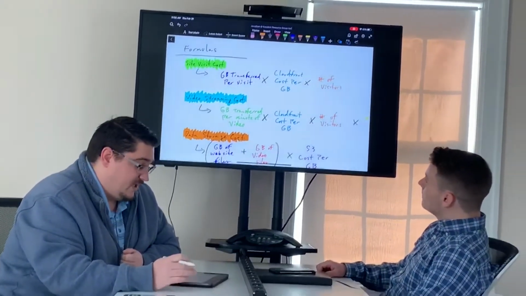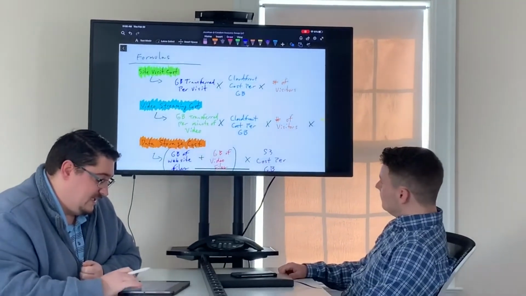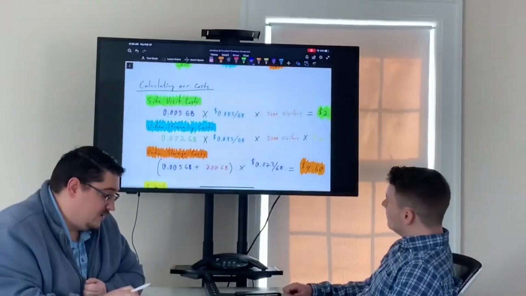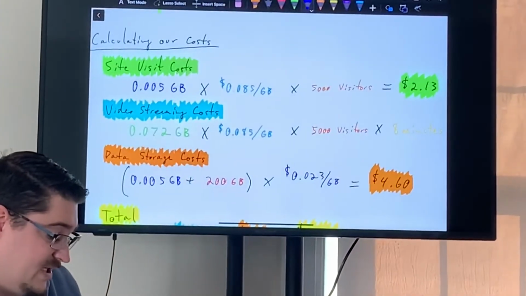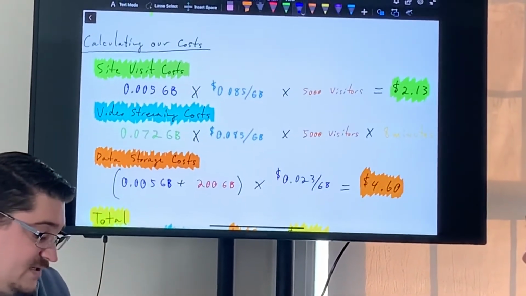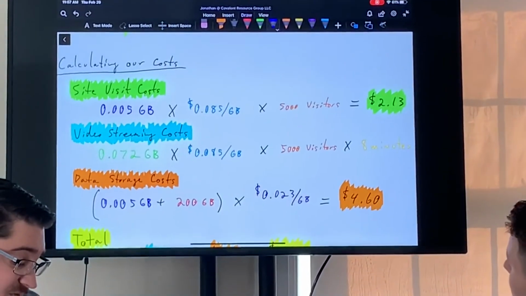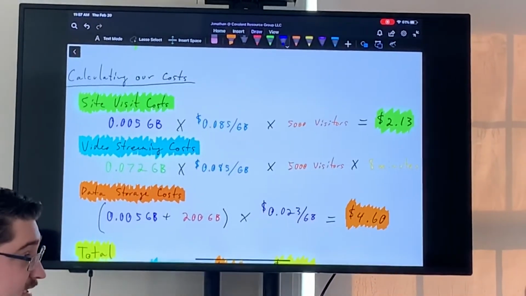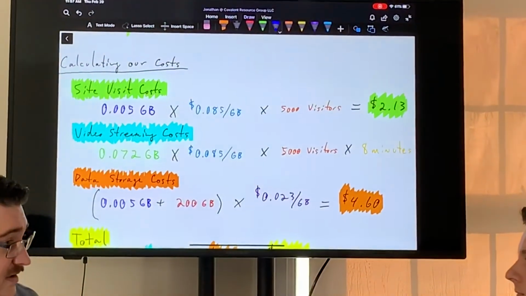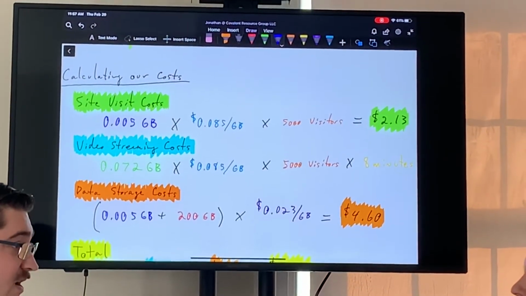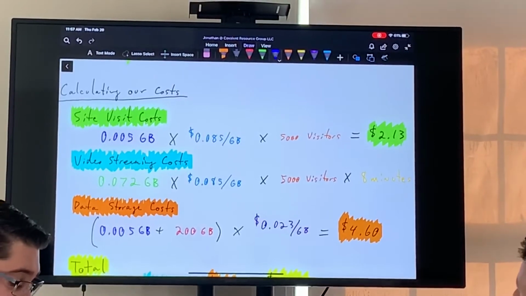Okay. So we can feed that into the actual calculation: 5 megabytes times 8.5 cents per gigabyte times 5,000 visitors. $2.13 is what visitors hitting the site and loading things is going to end up costing you each month as an estimate.